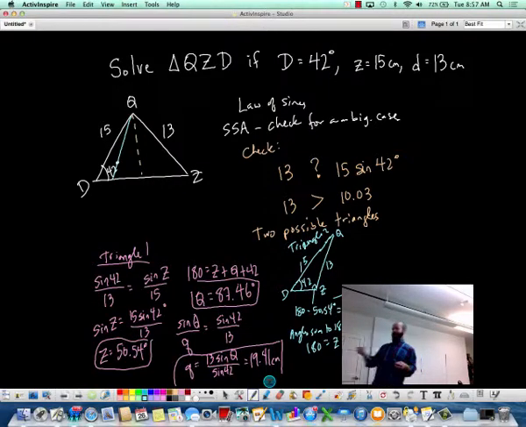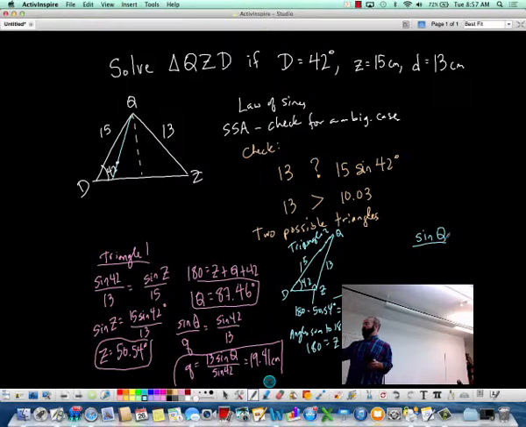And then I need to use the law of sines to find little q, which again should be smaller this time because the angle Q is so much smaller. And I'll go back and do sine 42 over 13 again. Oops, not 15, 13. Always important to kind of think back through your work to make sure you're actually doing it right.